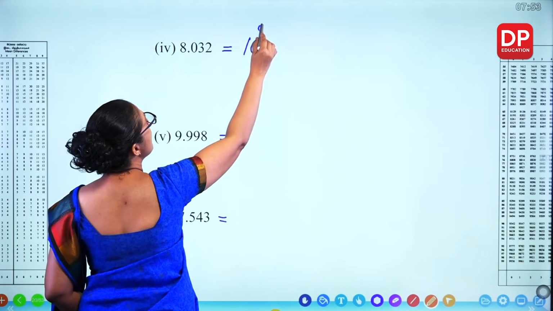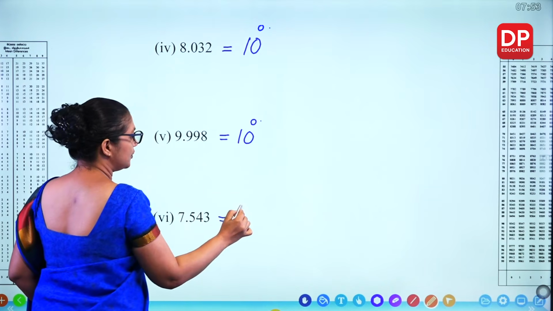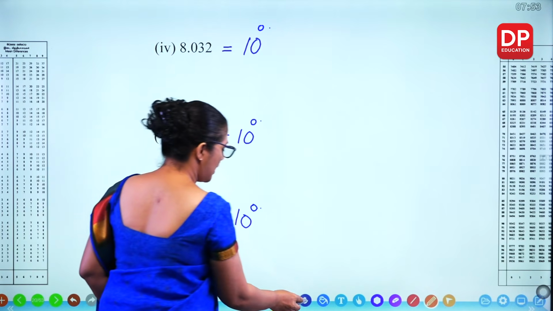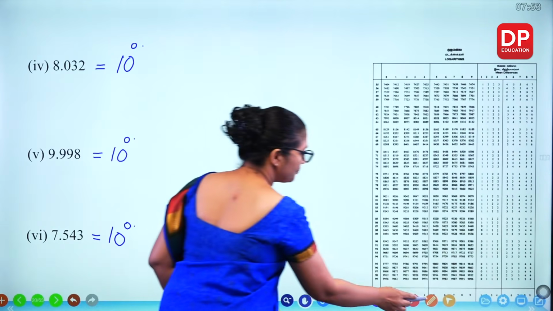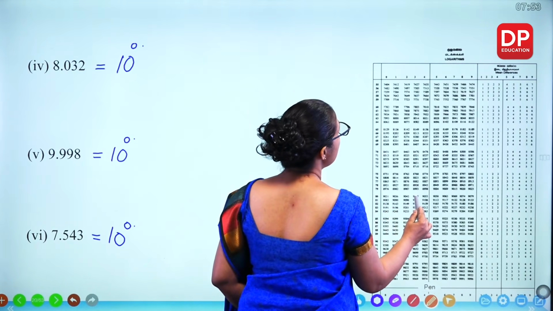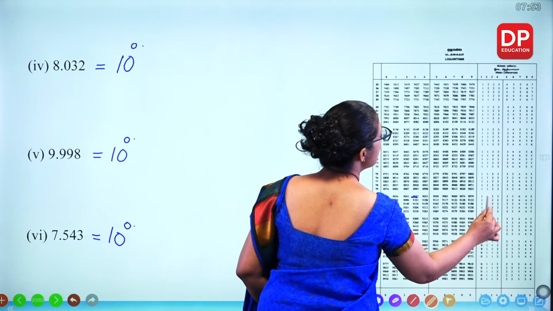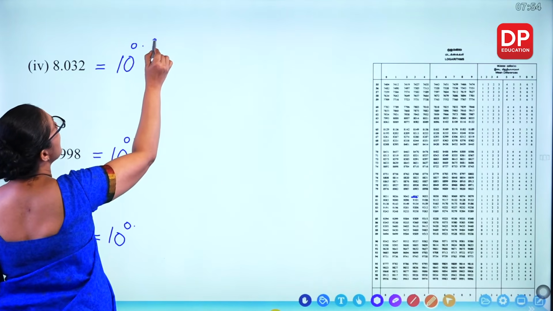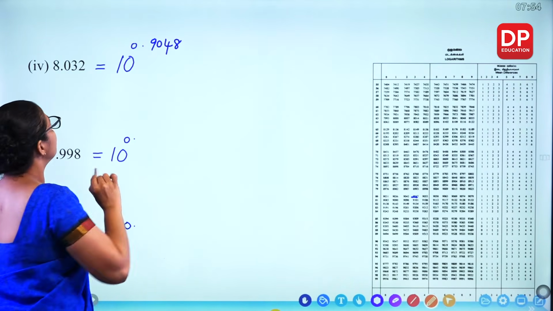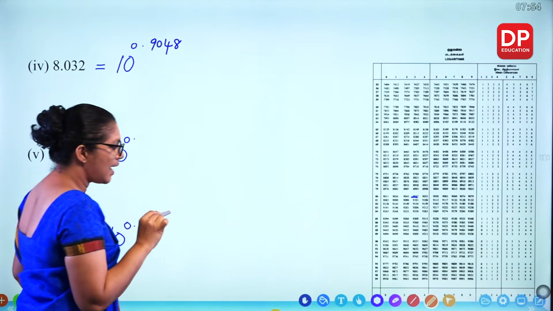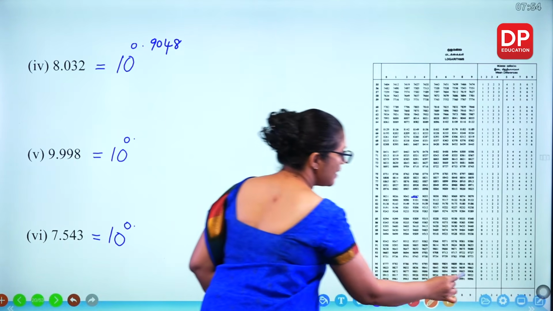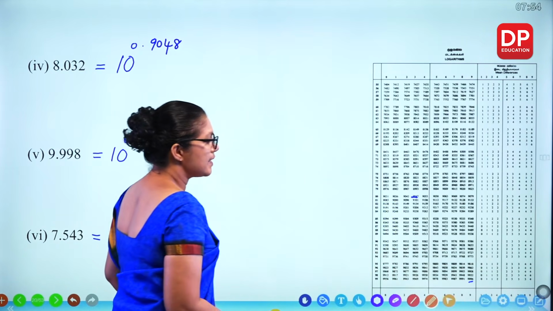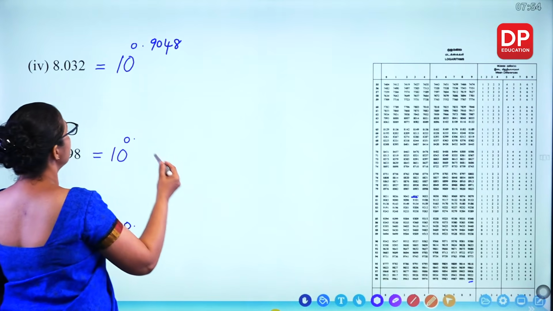I can write 10 to the power 0. 8032. 2 is 1. 9048. 9998. 8 is 3. Add 3 to that, 9999.